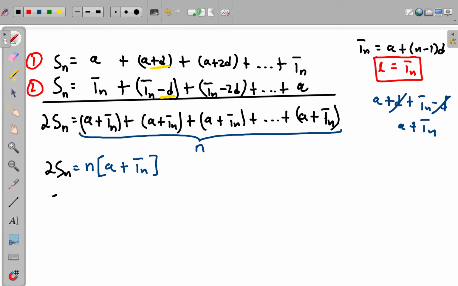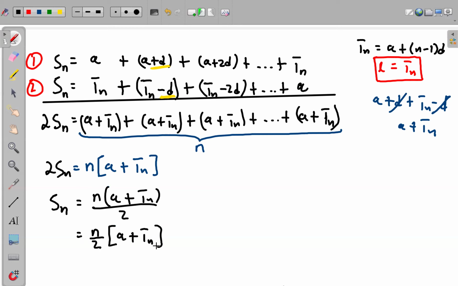Then what I will do is I will divide by 2 both sides as Gauss did. And so you could write this as N times A plus Tn all over 2 like that. Or you could write it as N over 2, in other words, half N times A plus Tn. These are exactly the same statements.